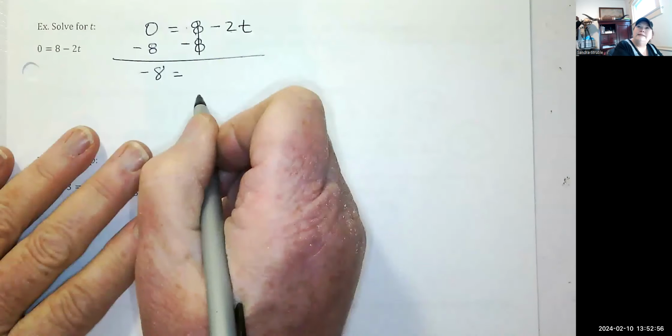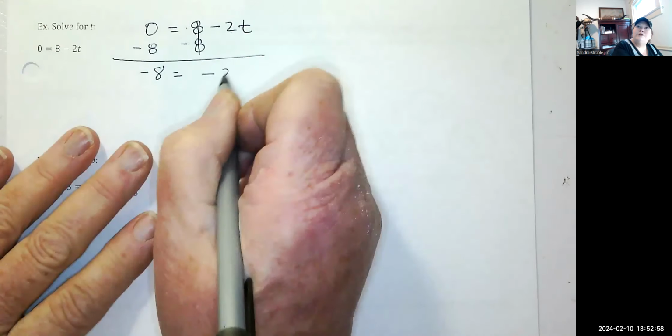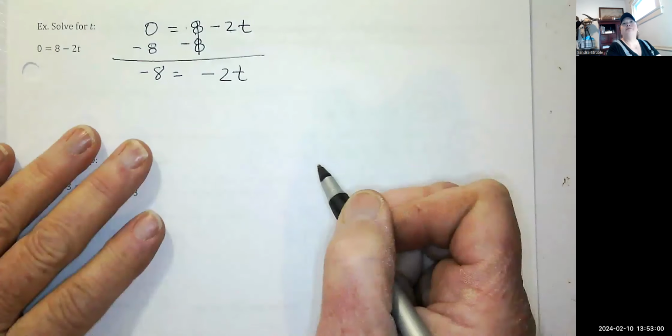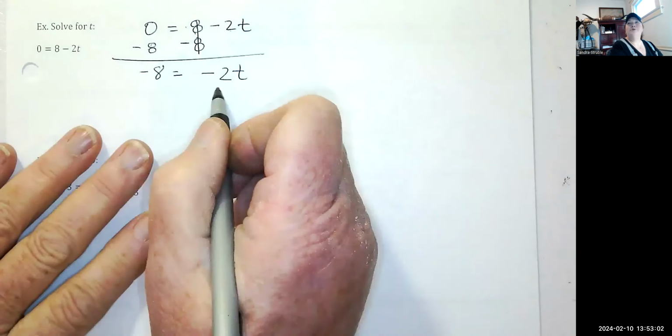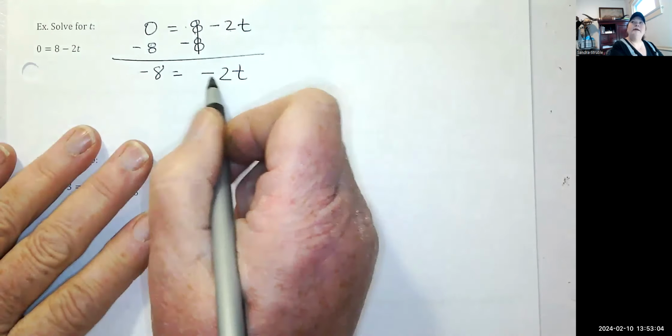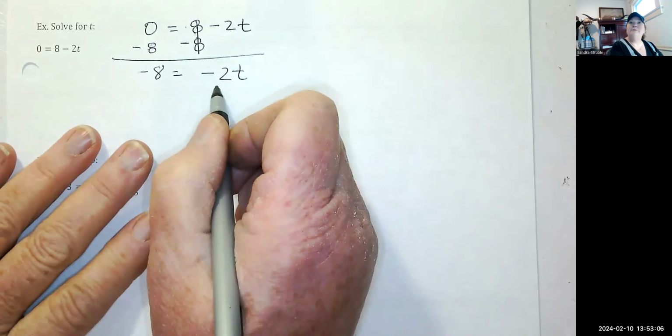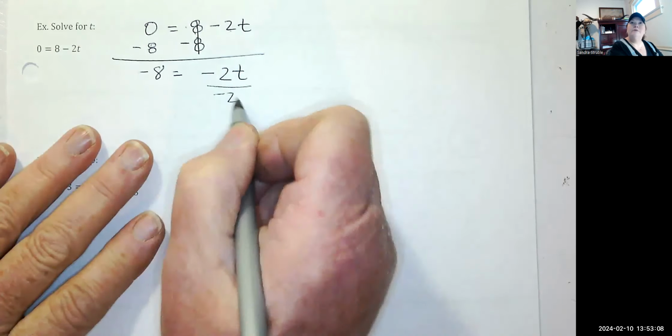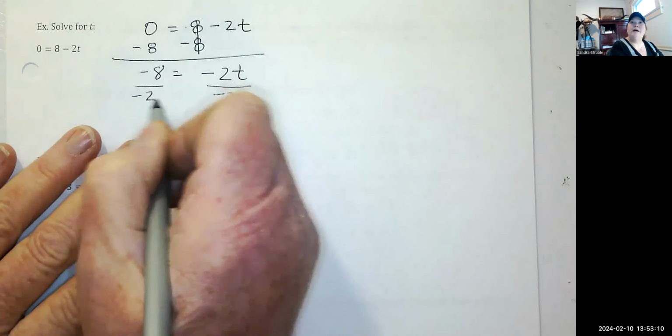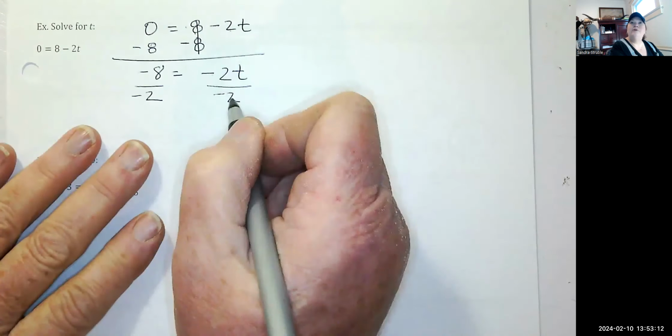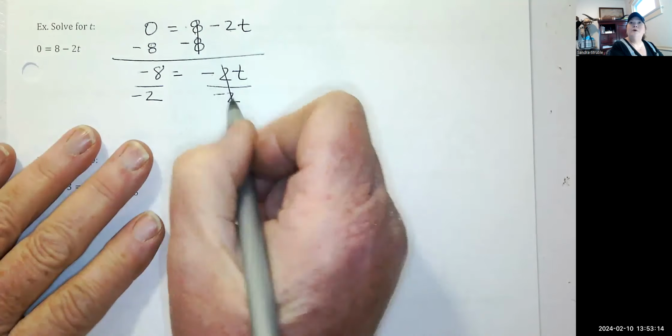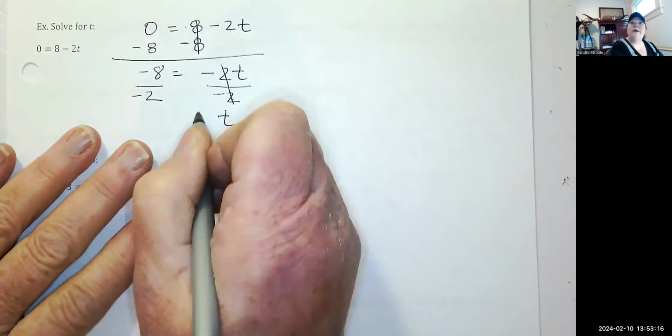These are gone, 0, and then negative 2t. Okay. Who's attached to t and how? Negative 2 is attached by multiplication. Opposite of multiplication is division. What you do to one side, you do to the other. Negative 2 divided by negative 2, anything divided by itself is 1. We're left with t on the right.